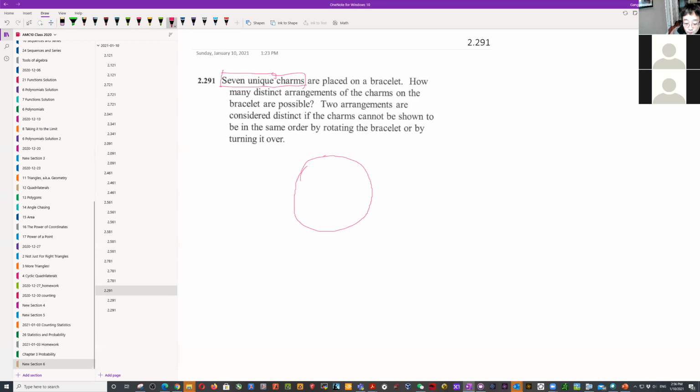The number of ways to position the first one is actually 1, because it's a circular placement, not like a line.